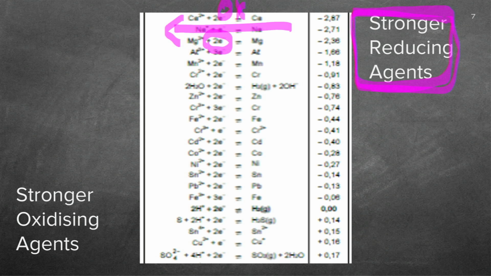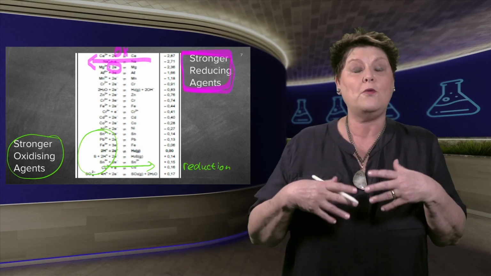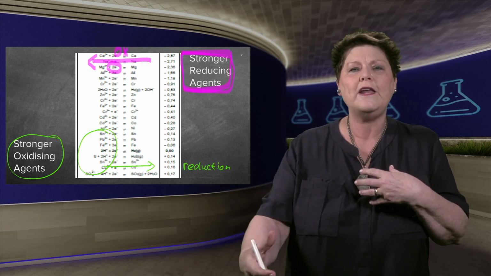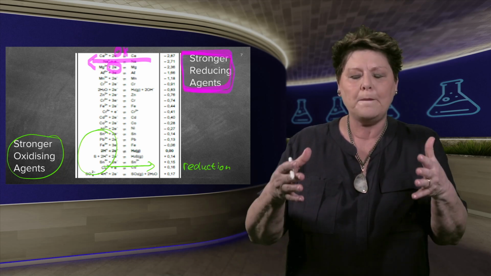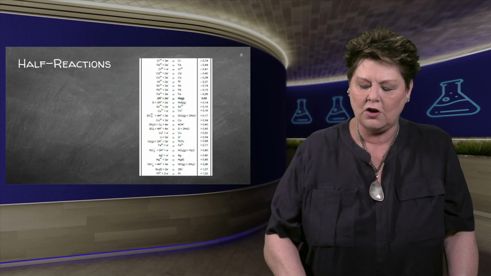On the other side of that table, write down stronger oxidizing agent. That will be this side of the table, and you know then that that's the reduction half reaction. It's just to make you very comfortable, so when they ask a question, you already have all the theory packed into your table. Right, let's move on and see how they'll ask this.